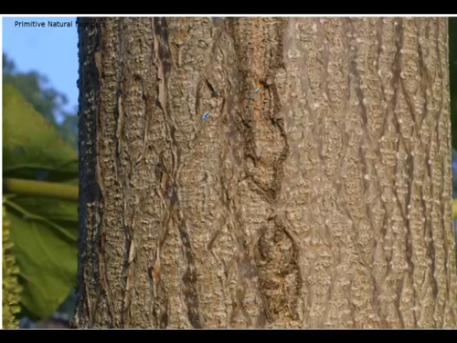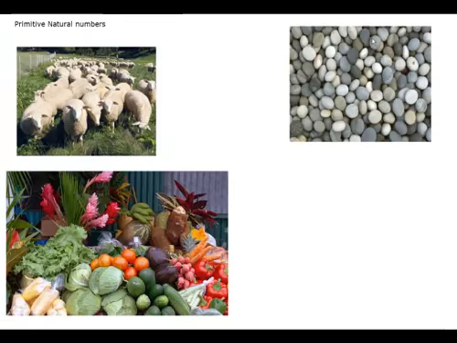One way of counting was to use tree bark, shown on your screen now, and with a knife they made lines like this for every item. For example, you have a sheep, another sheep, another one, and that's how they marked. This was one way of doing it for the earliest humans.